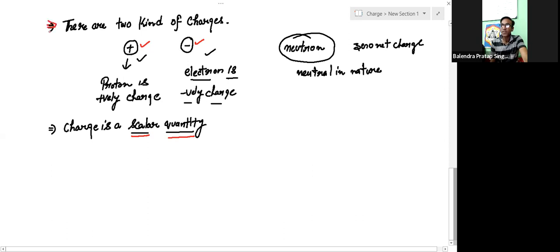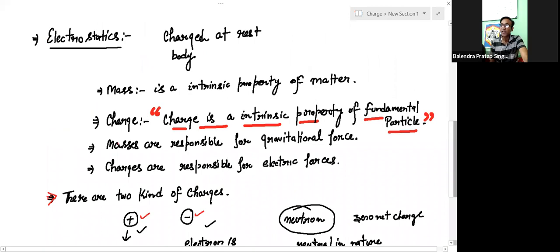There are two kinds of charges: one is positive charge, and the other is negative charge. And another important point is that charge is a scalar quantity. So up to now I have discussed three very important points. The first was the definition of charge, the one marked in red: charge is an intrinsic property of fundamental particles.